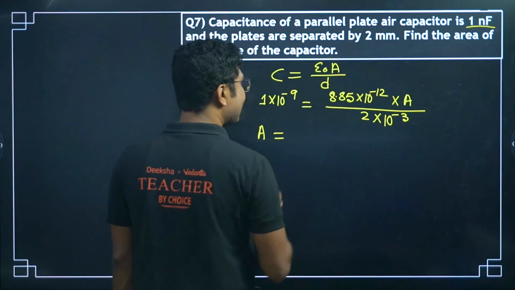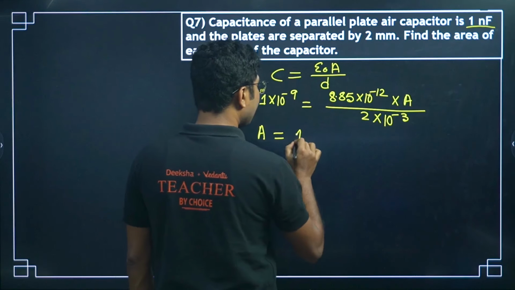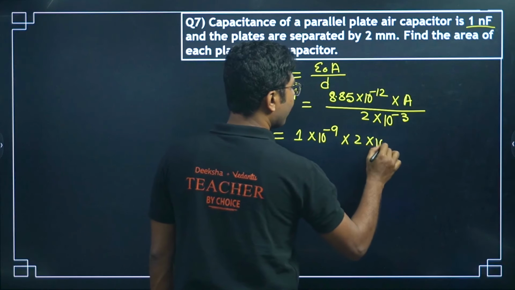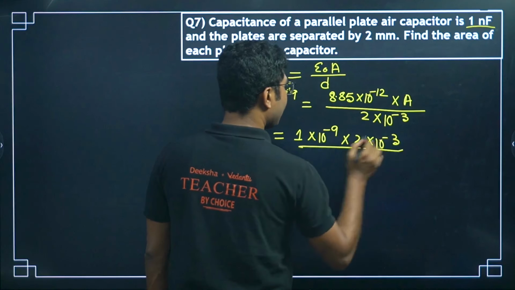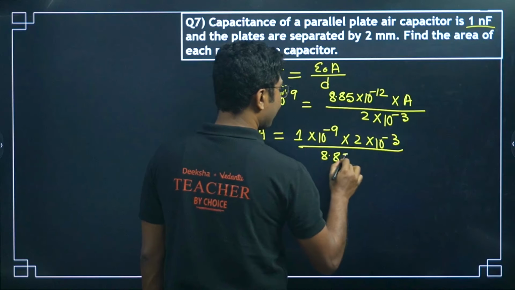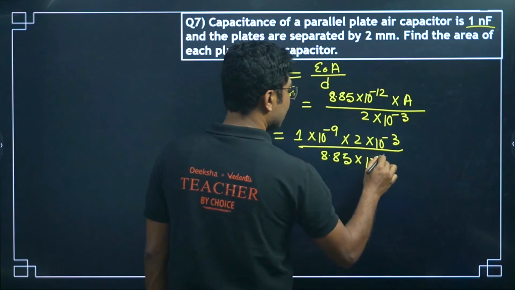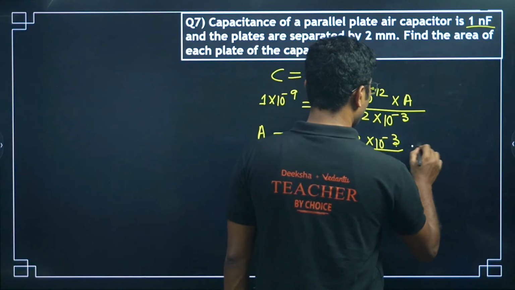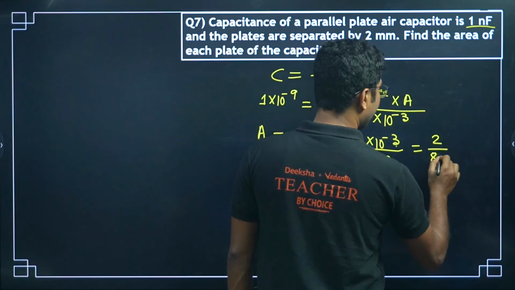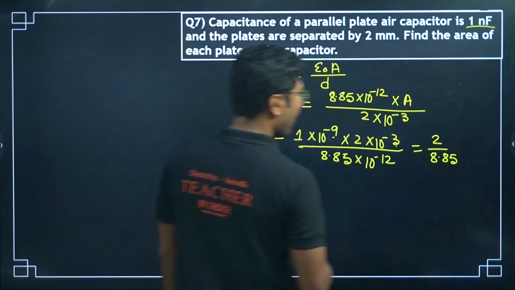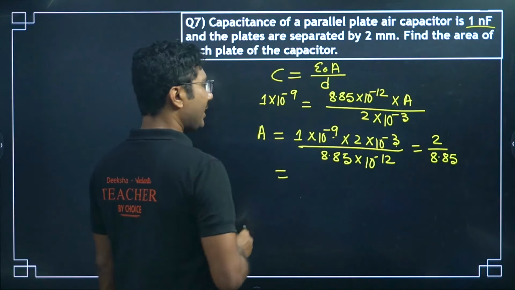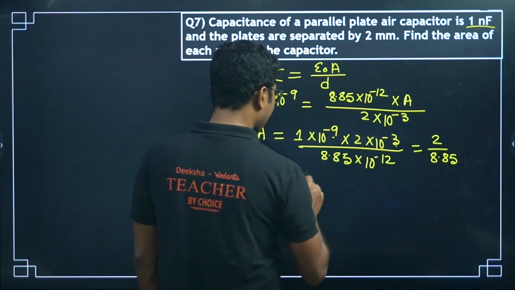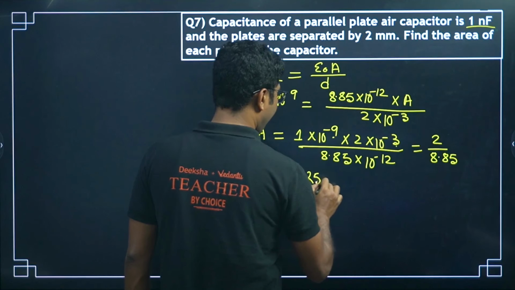Area is basically 1 into 10 to the power of minus 9 into 2 into 10 to the power of minus 3 divided by 8.85 into 10 to the power of minus 12. So, minus 9 minus 3 is minus 12. So, it will be 2 divided by 8.85, and approximately it will be, I think, 1 by 4, 0.25 meter square.